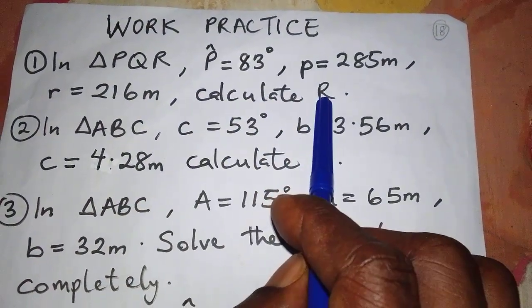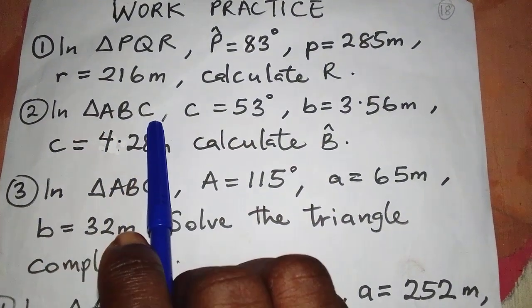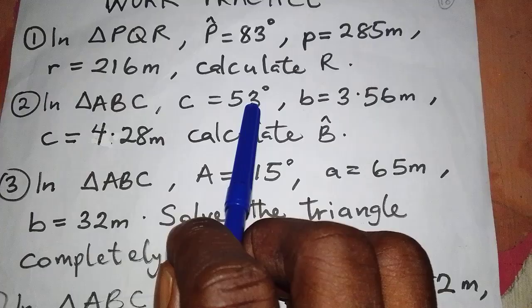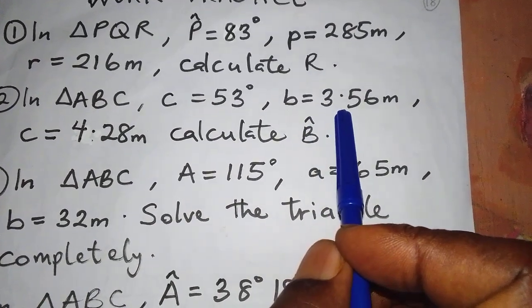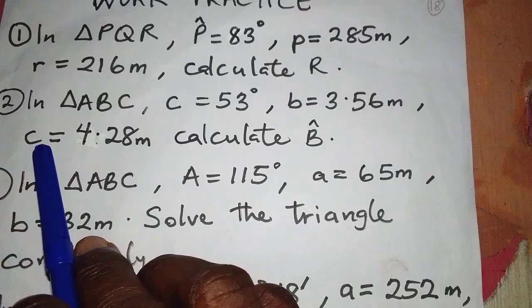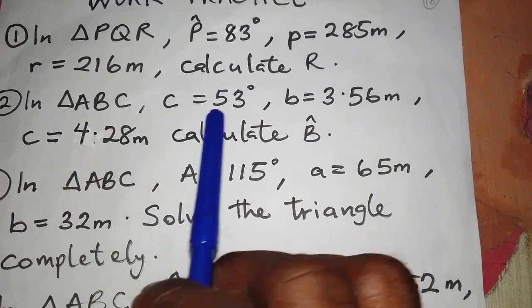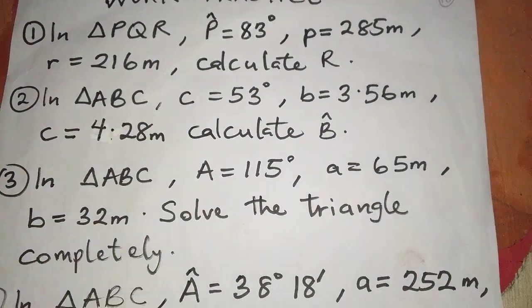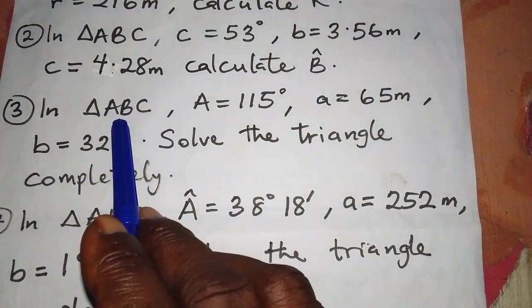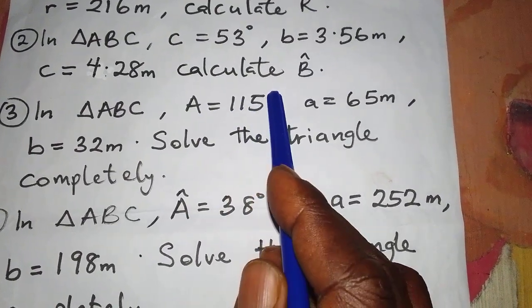Calculate angle R. Number 2, in triangle ABC, angle C is 53 degrees. Side B is 3.56 meters. Side C is 4.28 meters. Calculate angle B. Number 3, in triangle ABC, angle A is 115 degrees.